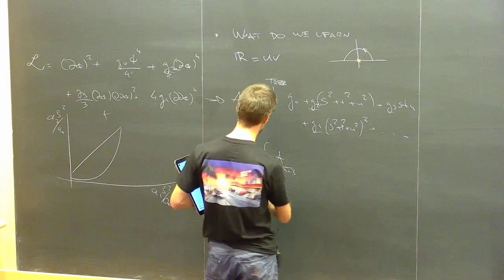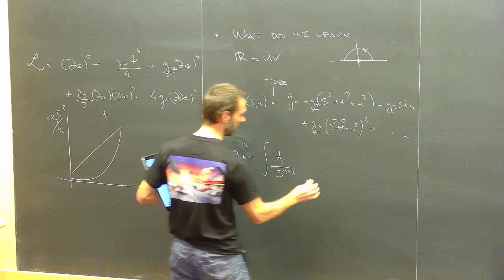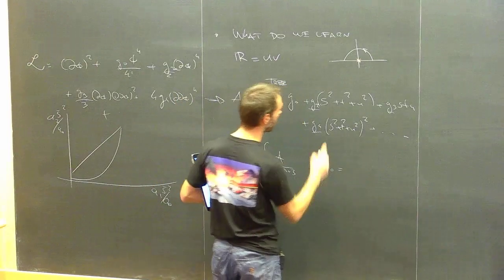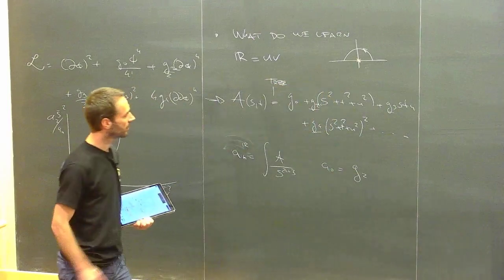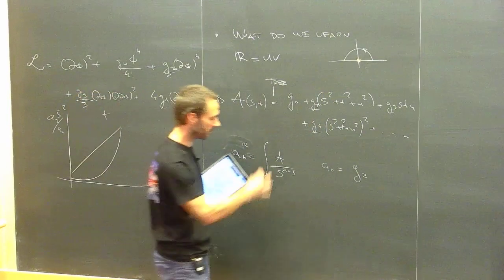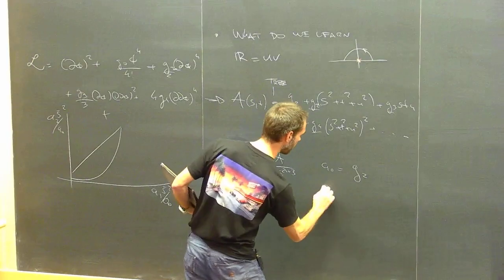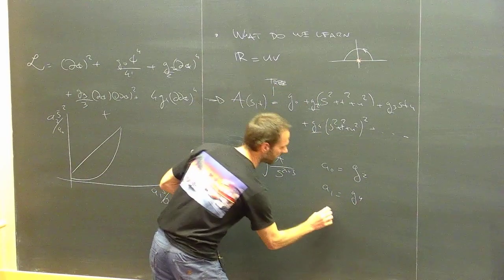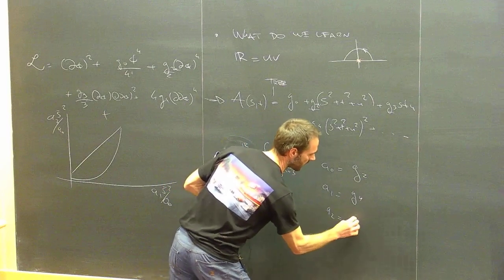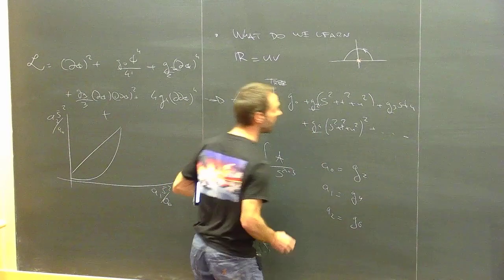Okay, so the zeroth arc is G2. There might be some factors that I'm neglecting anyway. The first arc is G4, and the second arc is another one, G6, which I've not written there, and so on.